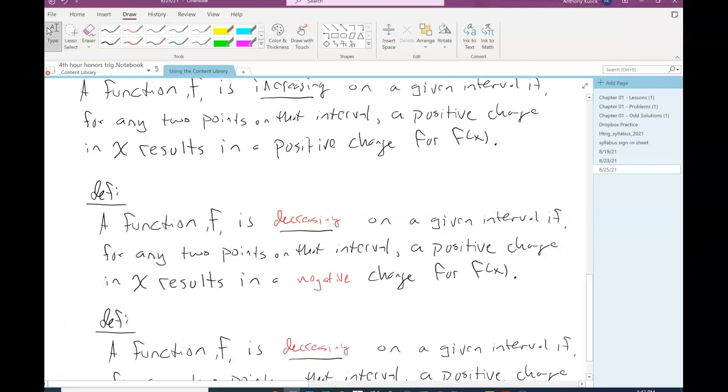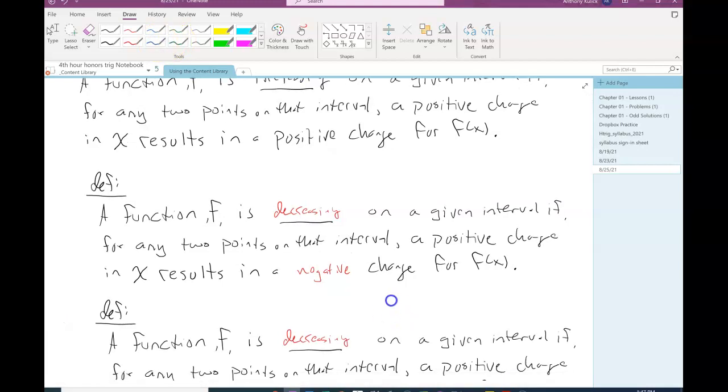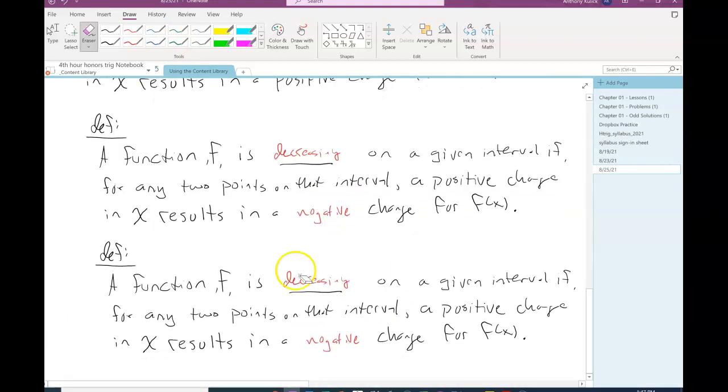And one more definition. That's constant. So again, I'll just replace decreasing with the word constant and replace negative with no.